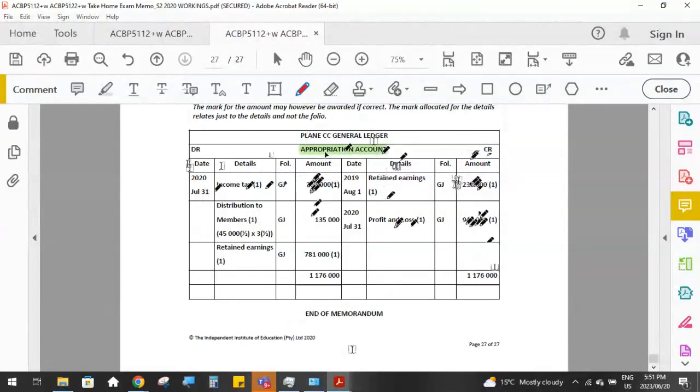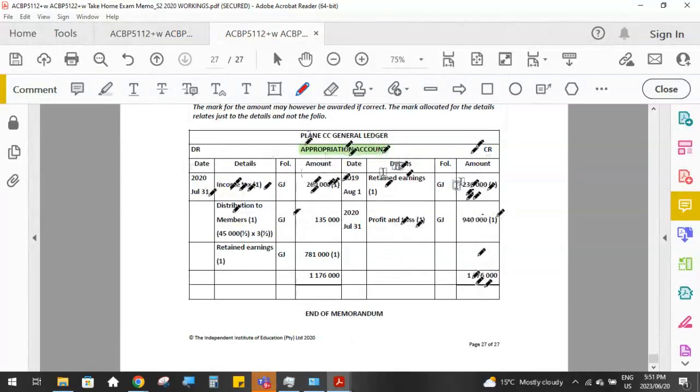Okay, so we've now basically paid the tax out of the profits. Okay, so 1176 minus the 260 tax is what we have then got left in profits for the business.